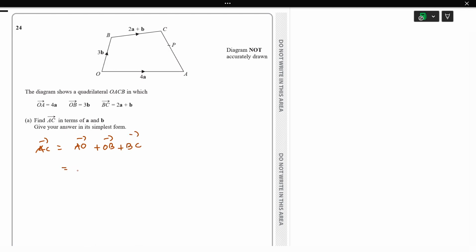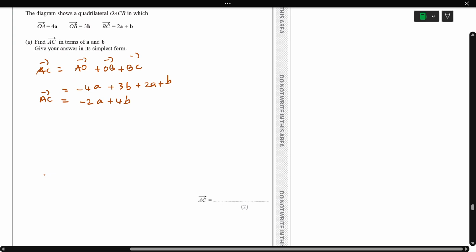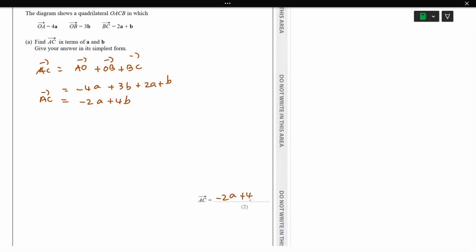AO is going to be negative 4A, plus OB is going to be 3B, plus BC is going to be 2A plus B. When I simplify, minus 4A plus 2A is going to be minus 2A, and 3B plus B is 4B. This is our AC vector. So we got the answer minus 2A plus 4B.